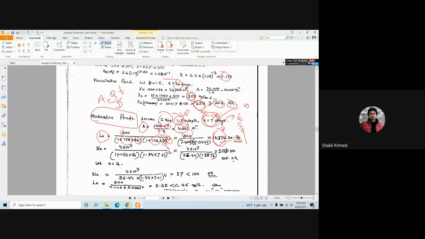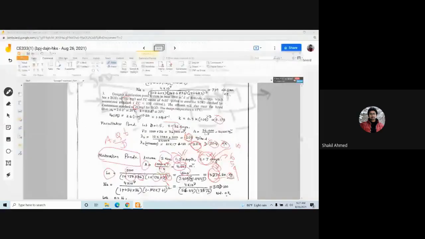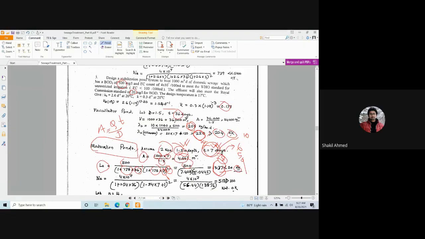You cannot go far beyond 7, 8 or 9 days. Or you could have incorporated an anaerobic pond at the beginning, or you could have increased the surface area of the facultative pond. There are many options.